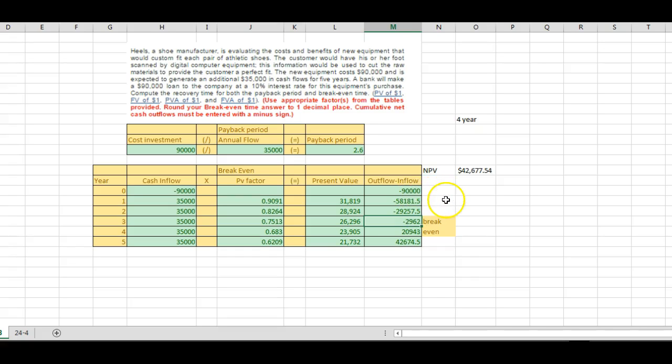Now what's kind of interesting here, this is 1, 2, 3, and it goes positive at the tail end of year 3 and right into year 4.